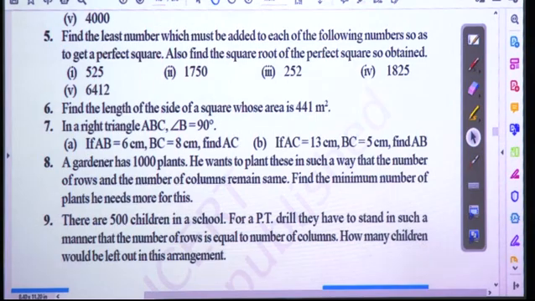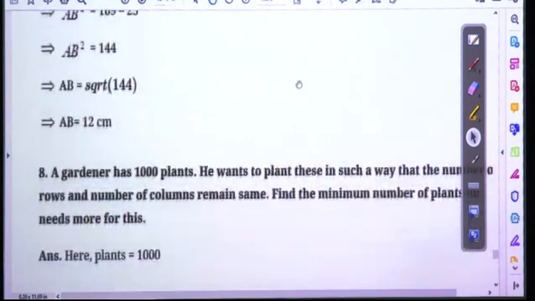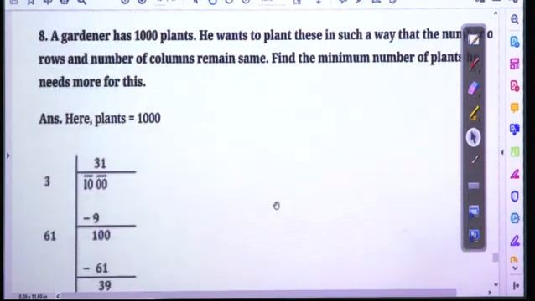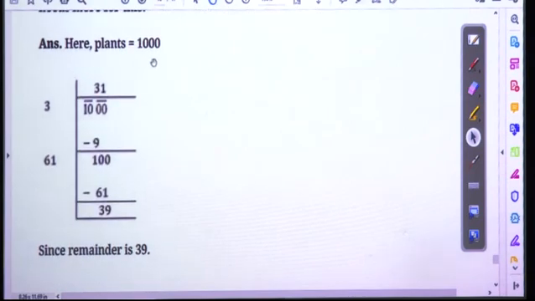Let us switch to the solution. Here, how many plants are there? 1000. Let us find out the nearby perfect square to 1000. We have made the groups here.